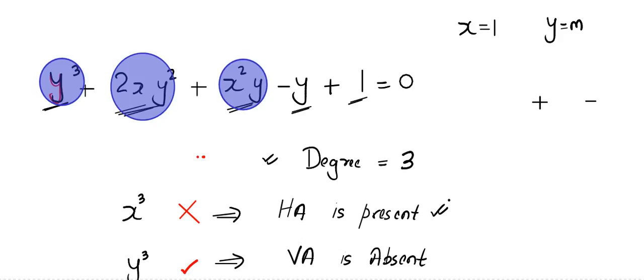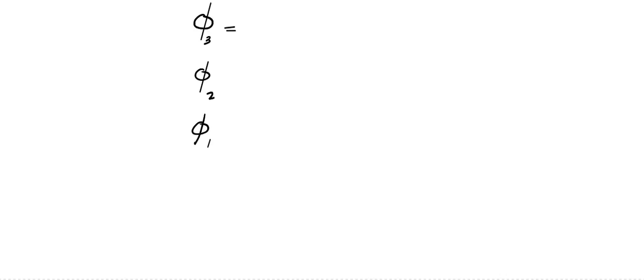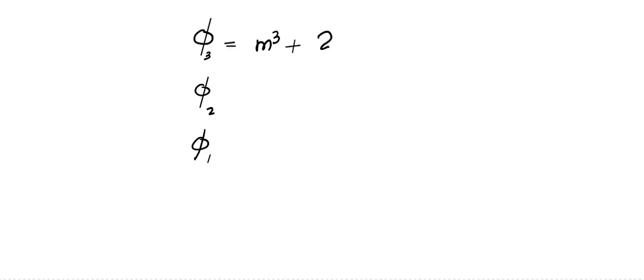So we get m cube plus 2 into 1 into m square plus 1 square into m. This will be our phi 3. Phi 3 means find the third degree terms, put x equal to 1 and y equal to m. So m cube plus 2m square plus m.